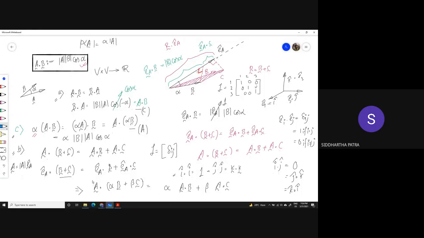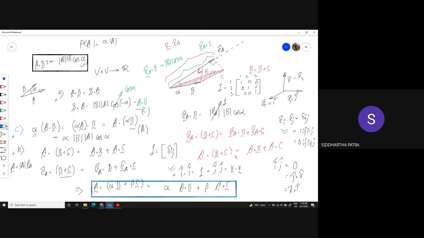This shows that a dot product is completely linear. Okay, it needs to have this scalar multiplication, and then it should have that distributive property. So a dot product is a completely linear operation.